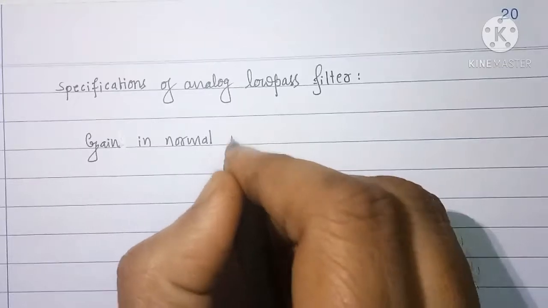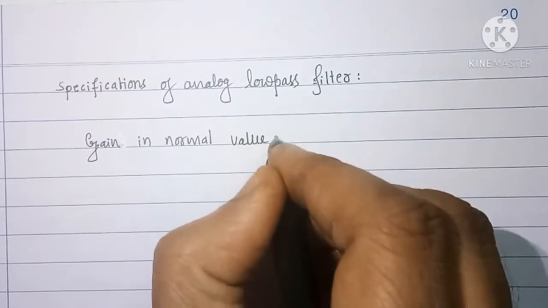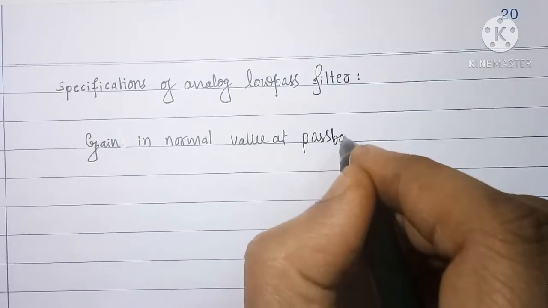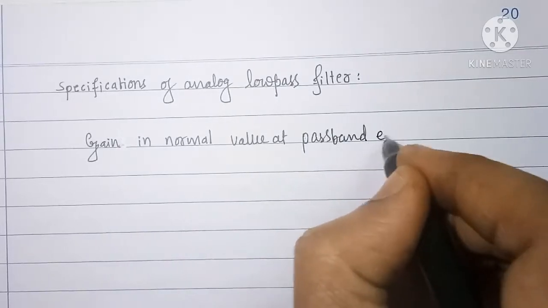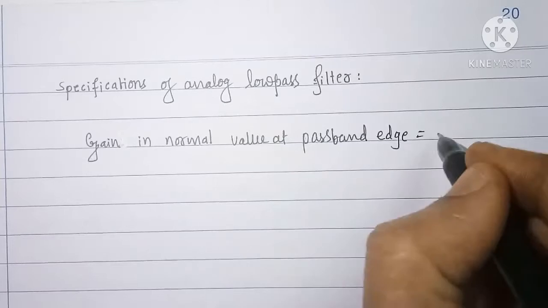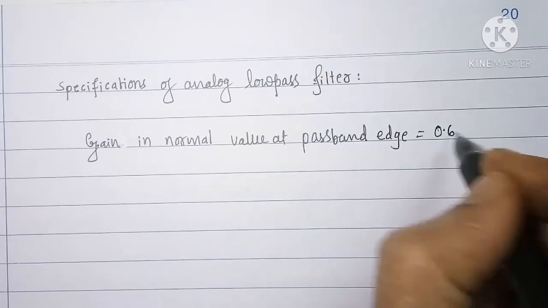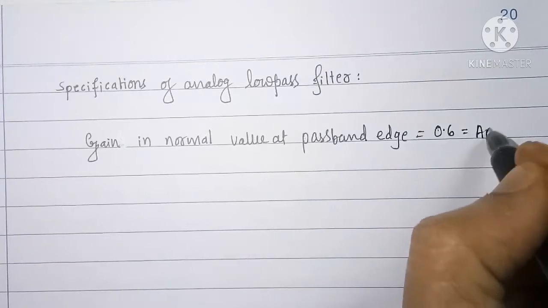Gain in normal value at passband edge is equal to 0.6, and this is nothing but AP.